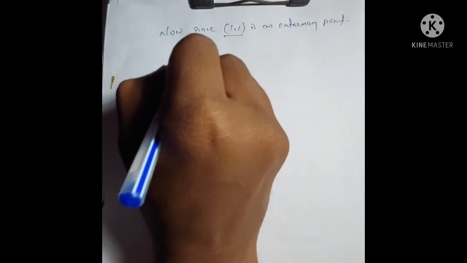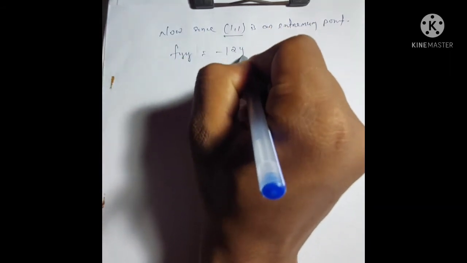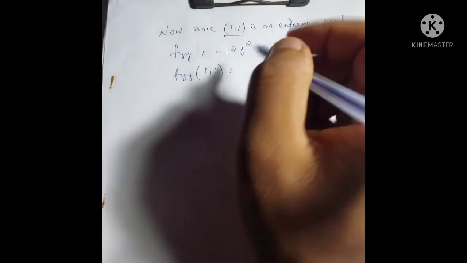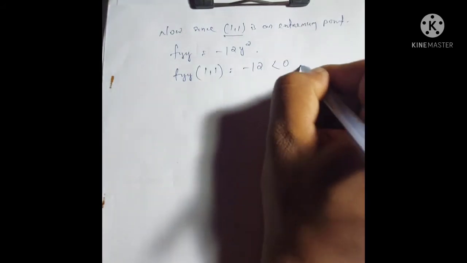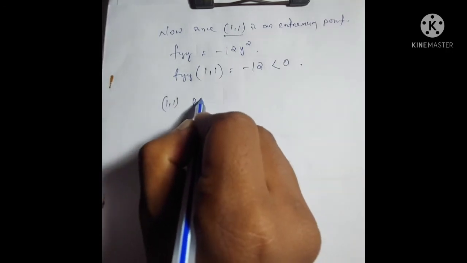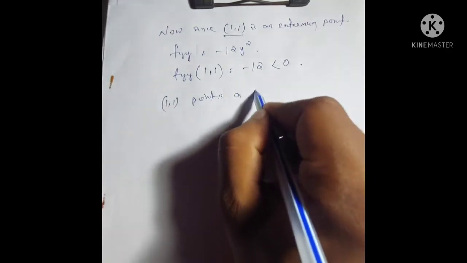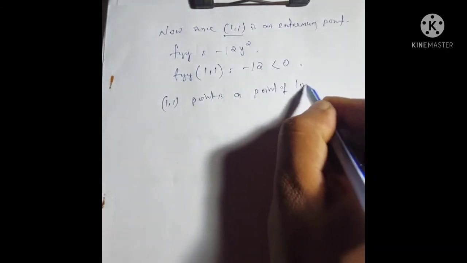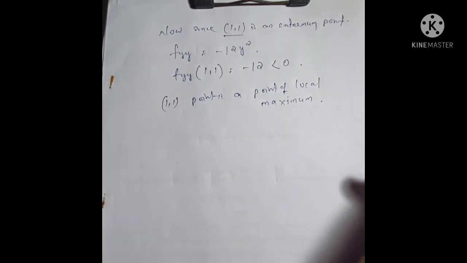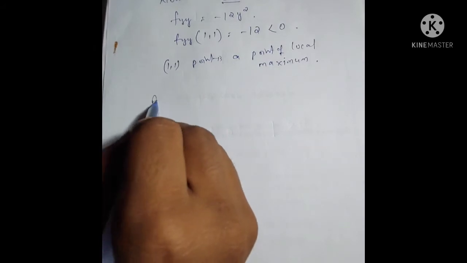Now, fyy is equal to minus 12y square. So, fyy at (1, 1) is equal to minus 12, which is less than 0. So, by the condition, the point (1, 1) is a point of local maximum.